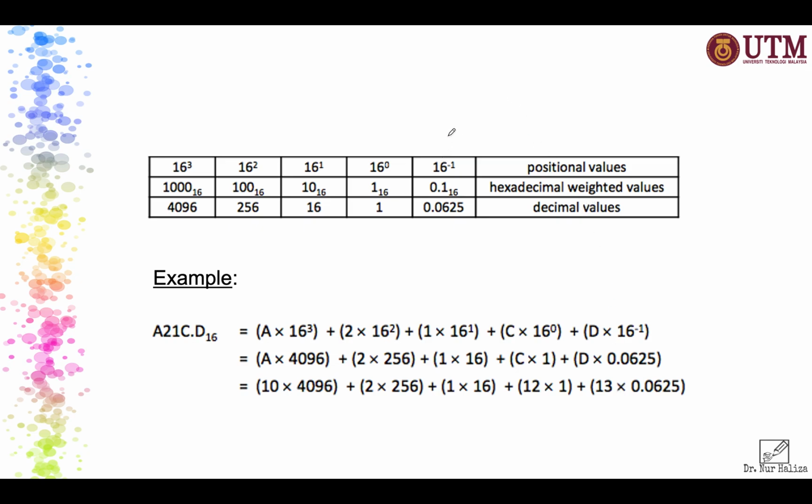It is 16 to the power of -1 for the right, and then 16 to the power of -2, and so on. The same goes for the left side, which is the positive side: 16 to the power of 0, 16 to the power of 1, until the end.